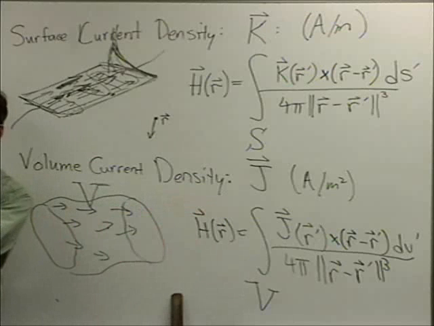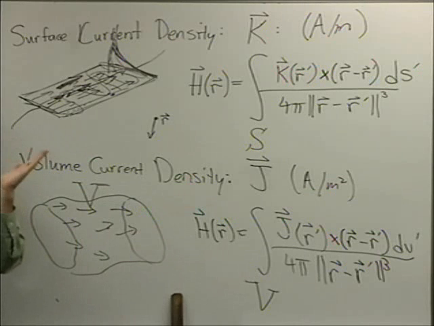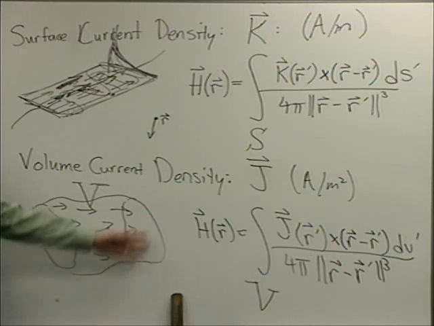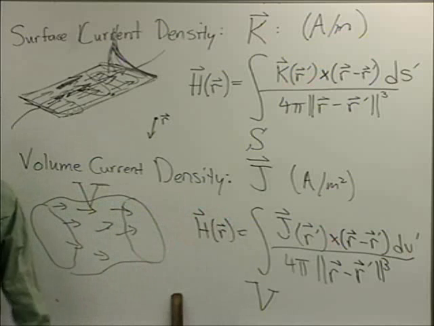If you squeeze it into a really thin area, then you can treat it like a surface current. But it's never exactly zero, because atoms aren't zero in width. And likewise, there's no such thing as a zero diameter wire where you've taken all of your moving charges and put them into one point in space. But those are convenient levels of abstraction once you have the concept of current density flowing through a material.